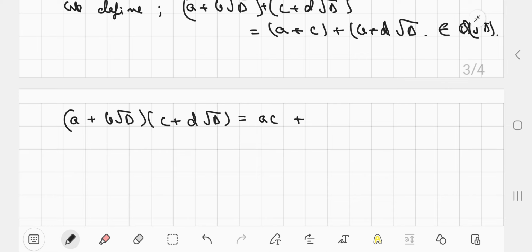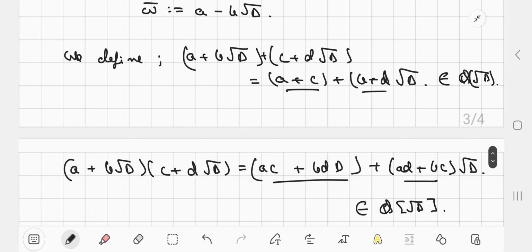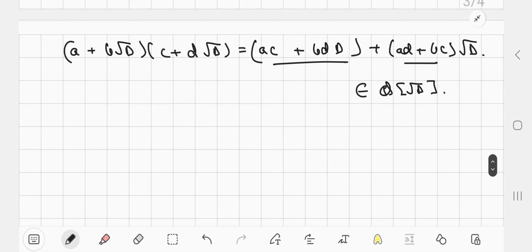So B times d with root D squared, so it's capital D, plus here I have A d plus B C times root D. This is the way we are defining multiplication, and surely enough this is also an element of Q root D, because each coefficient is still rational. So we have defined a binary operation in some way.